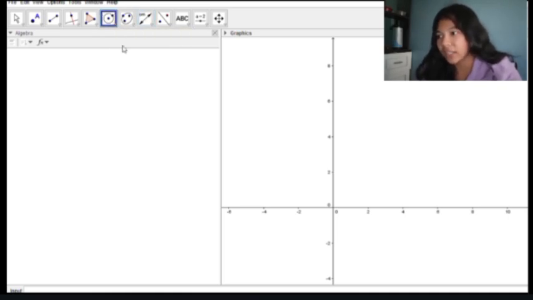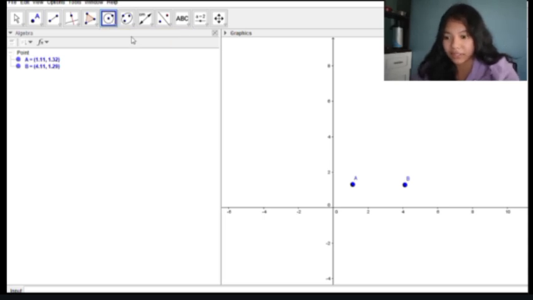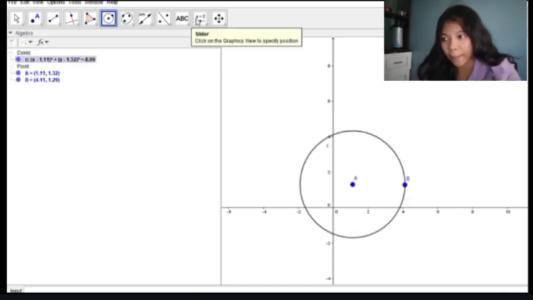You can just click a point and then another point, then circle with center through a point. So let's say A as our circle through B, and then B as our circle through A.